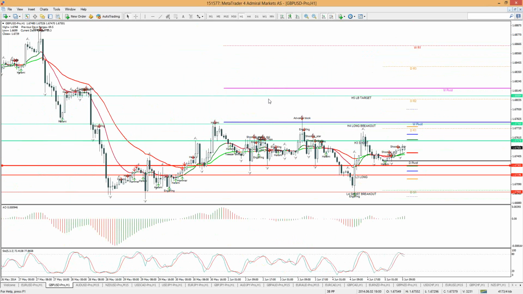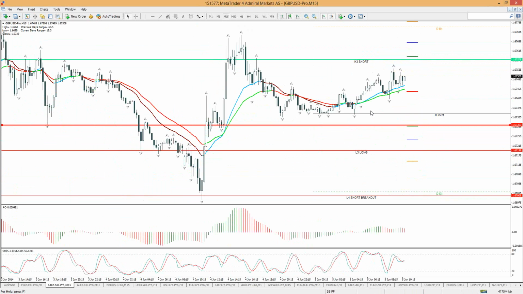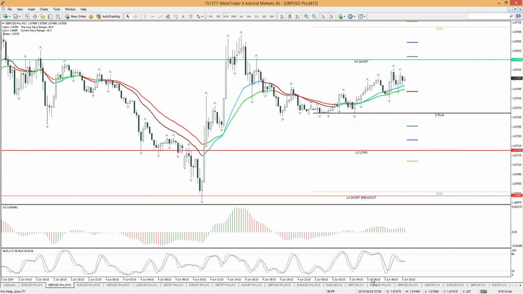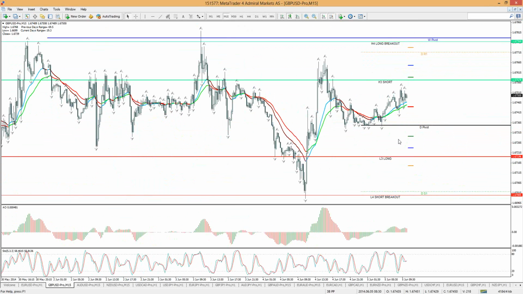Otherwise, downside, let's see. Doesn't look that likely because we've got bullish moving averages. I would need to see price action show that potential. Doesn't seem that likely at the moment.